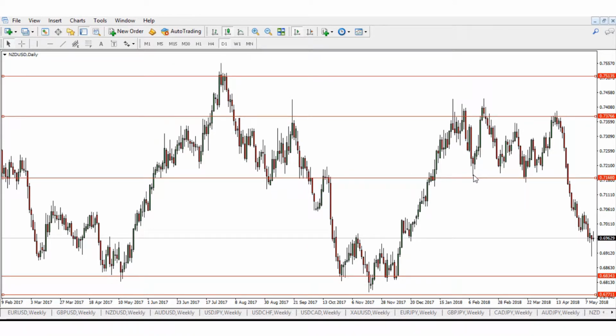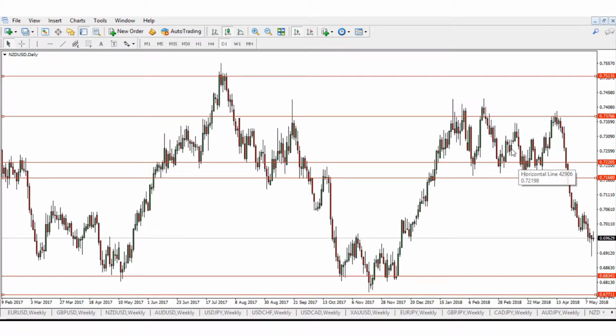Right here the wick falls on it and the close falls here too. This can actually also be a support level. I close over here and see how it works.